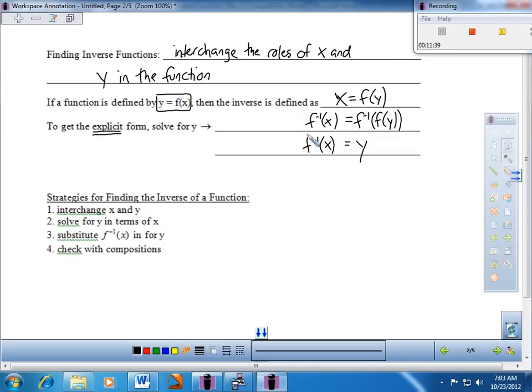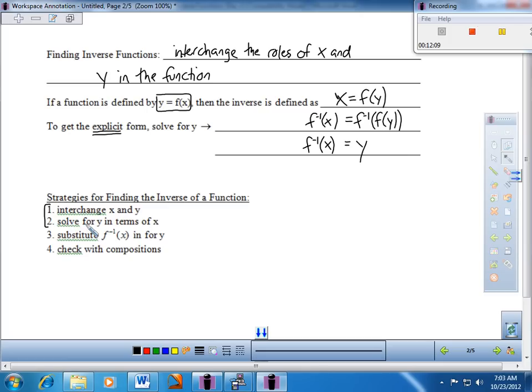So let's kind of move to the strategies here, and then we'll formalize things up a little bit. It says strategies for finding the inverse of a function, and really the keys here are going to be numbers 1 and 2. So interchange x and y, switch x and y, that's how we're going to create our inverse. Now again, what we want to do is put it in explicit form, so as it says, then what we're going to do is solve for y in terms of x.